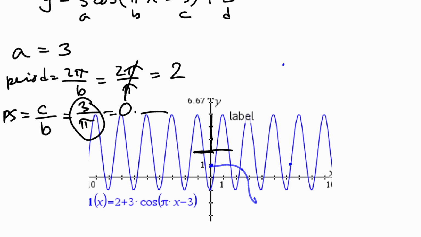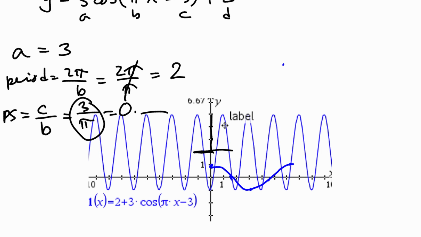Let's rewind. It goes through here, reaches the bottom right there, then comes back up to there. So that is one period.